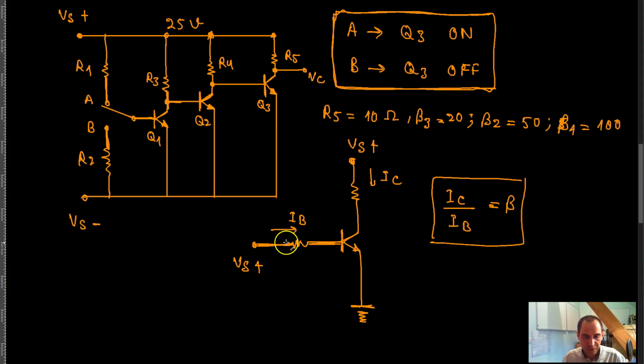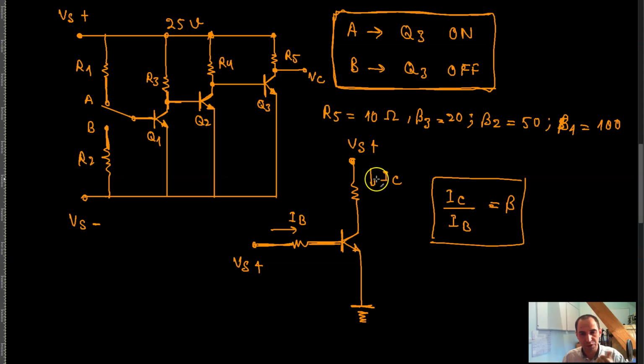So this basically means that if I play with this voltage over here, or with this resistance value over here, I can change I of B. By changing I of B based on this relationship, I can change I of C, which means that essentially I have control over this current that goes through this branch over here to the ground.